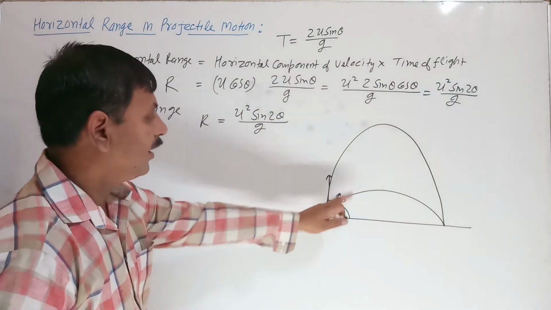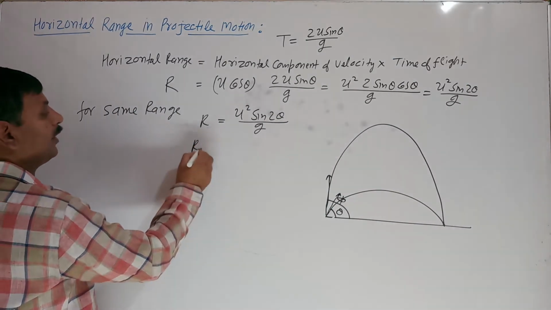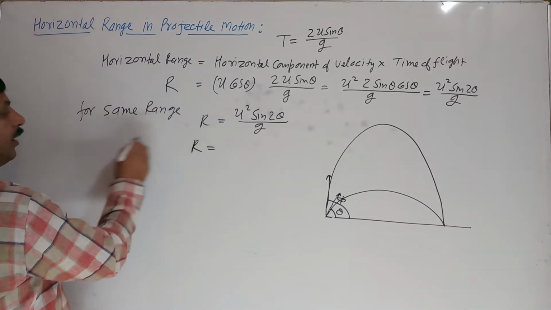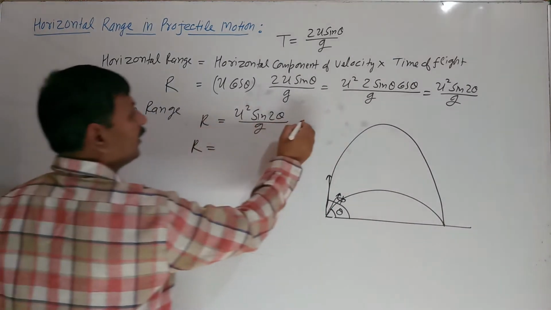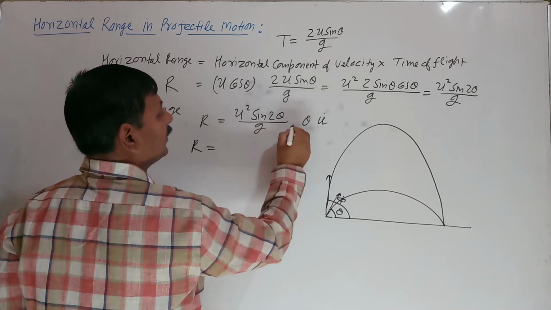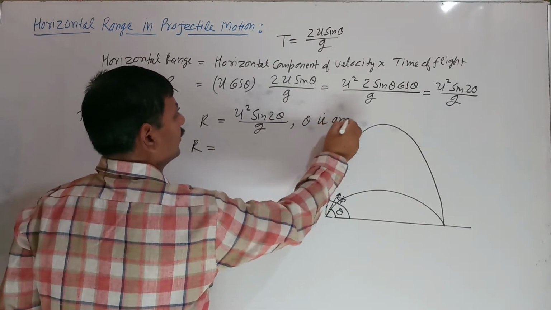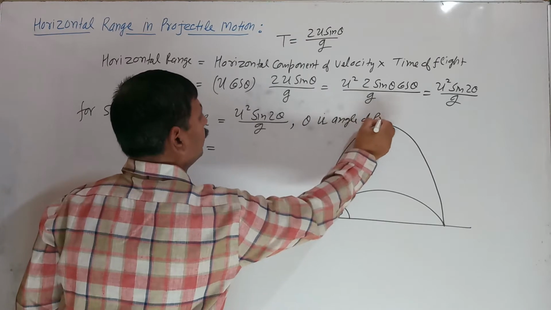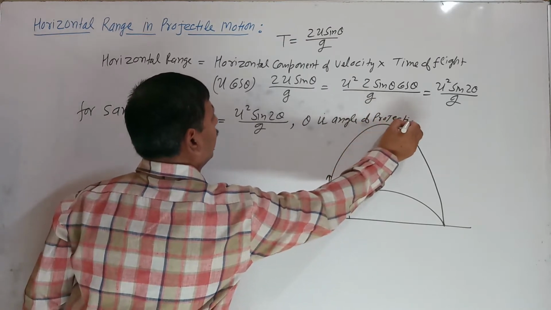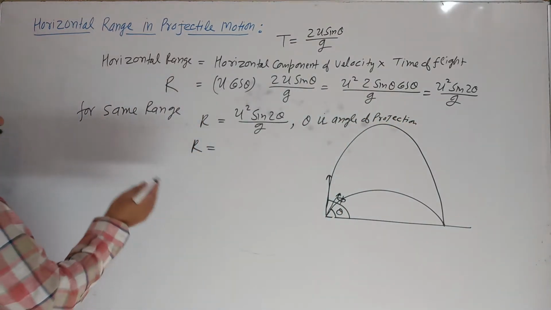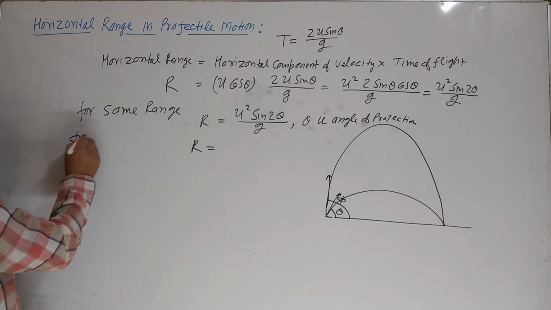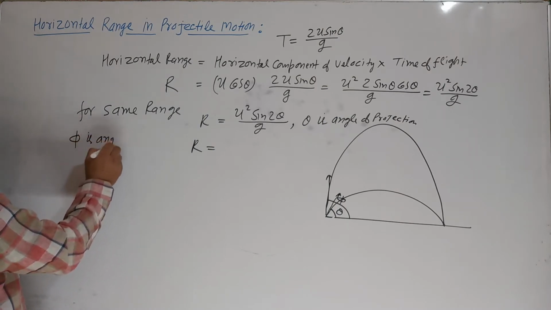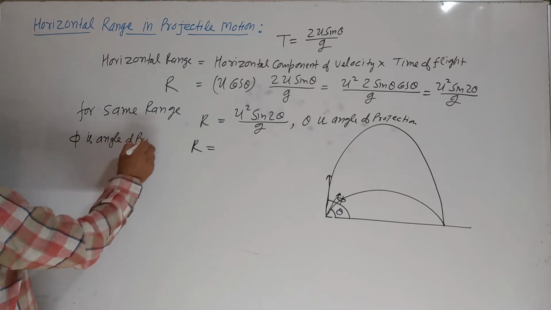Another angle I have taken is phi, and that time the range is also the same. When the angle of projection is theta, that is one case. Next time I have taken phi as the angle of projection.